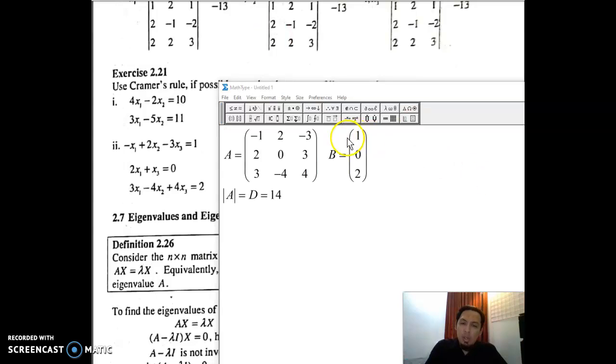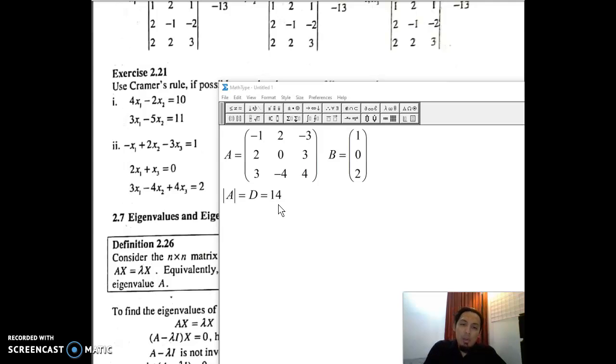This is the matrix and this is the B part, which is B1, B2, B3 here, 1, 0, 2. As I mentioned before, among the components in Cramer's rule is its determinant. I already calculated the determinant for this matrix and I get 14. First of all, it is not equal to 0, so we are good to go.